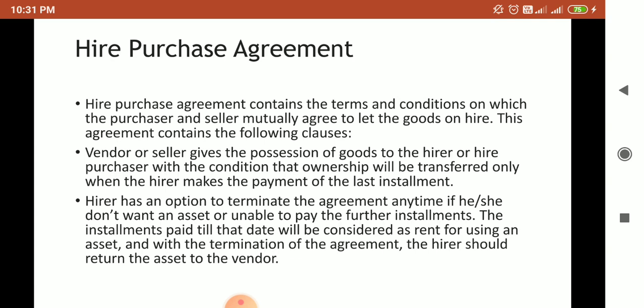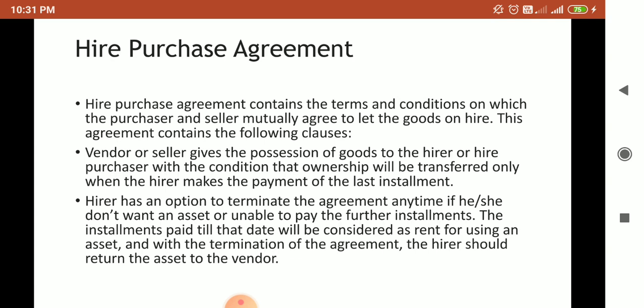If the hirer misuses the product or asset, the responsibility of maintaining it is the hirer's.